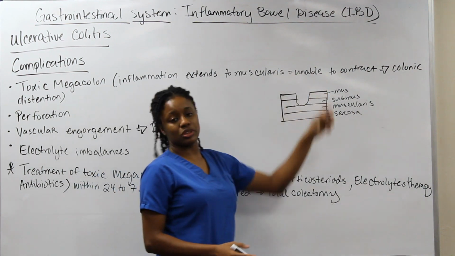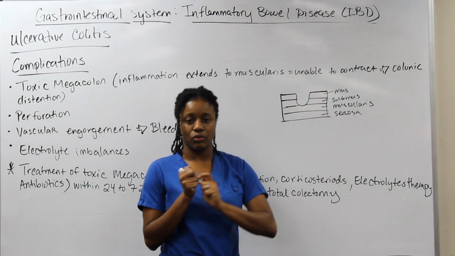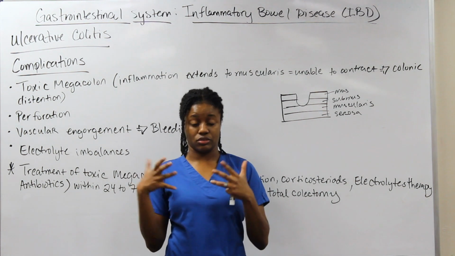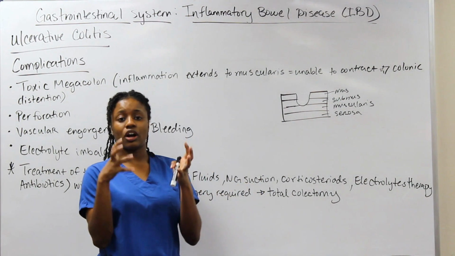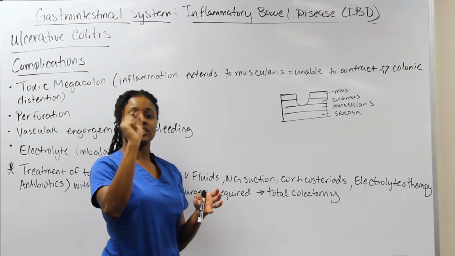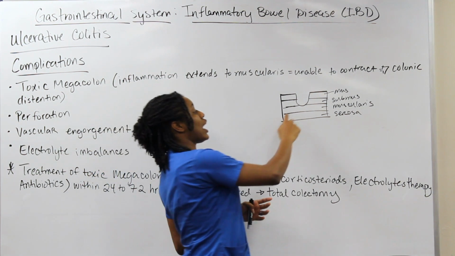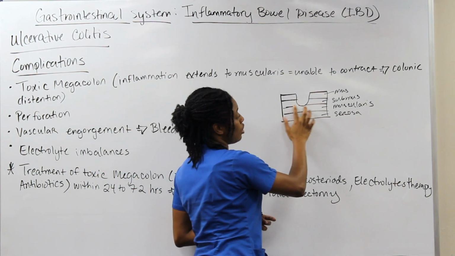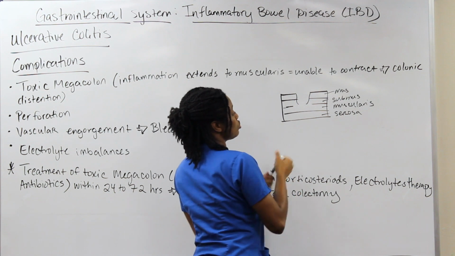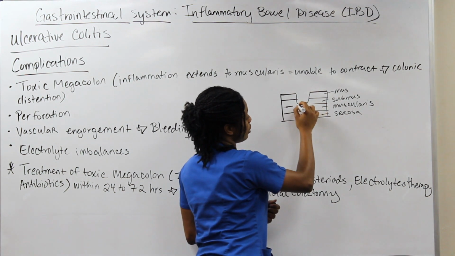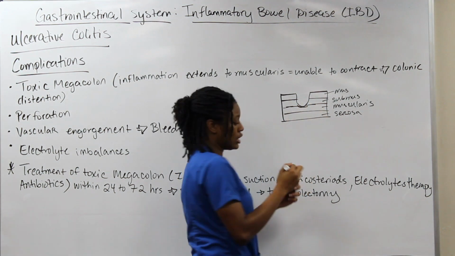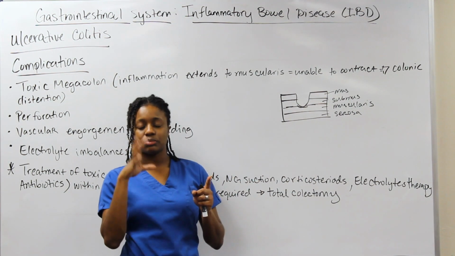Which now has lost the ability to contract. So now I'm left with colonic distension, right? Because remember, the muscles are there to contract, constantly doing this. And if I have an ulcer that has made its way down to the muscularis area, that muscle is not able to contract and do what it's supposed to be doing.